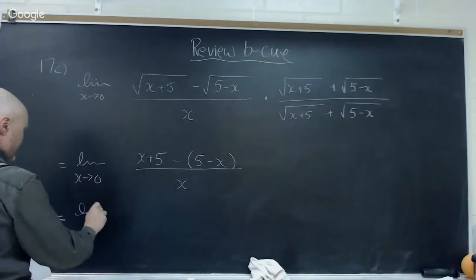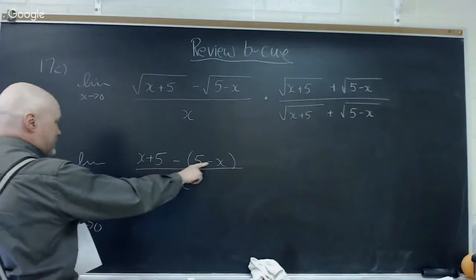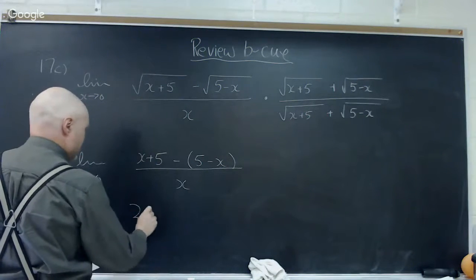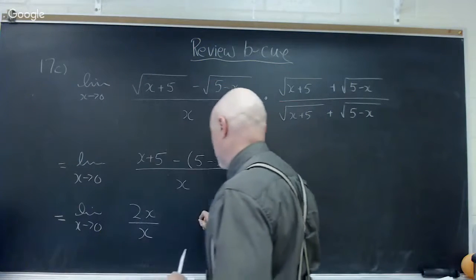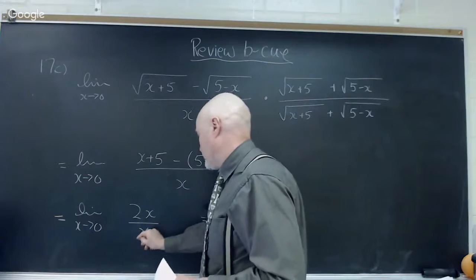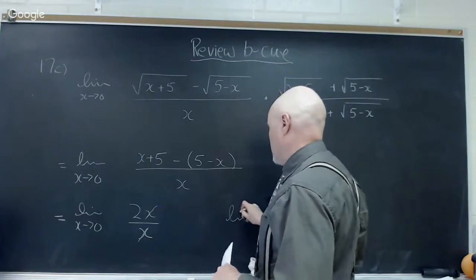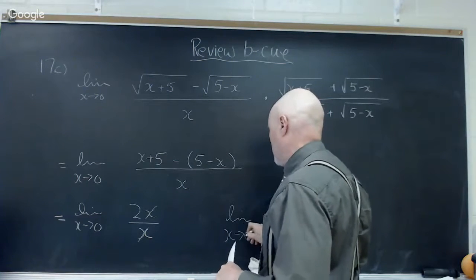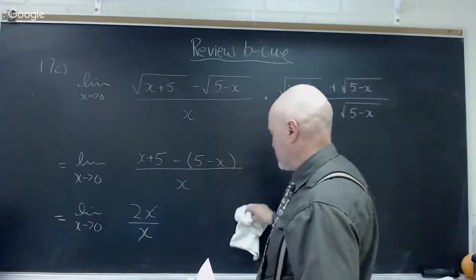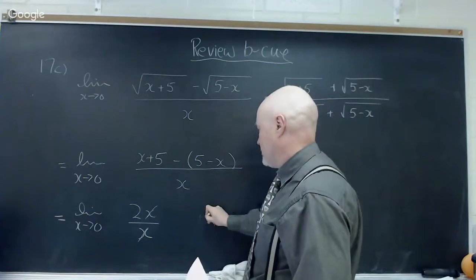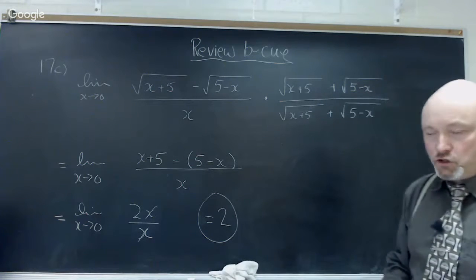This is the limit as x goes to 0, and x minus negative x is 2x over x, and that's still 0, but when I cancel out these x's, I get a 2. Oh, no, that's after I dump in my limit. Sorry, so I shouldn't write my limit sign again. That would just be wrong. So the value of that limit is 2.